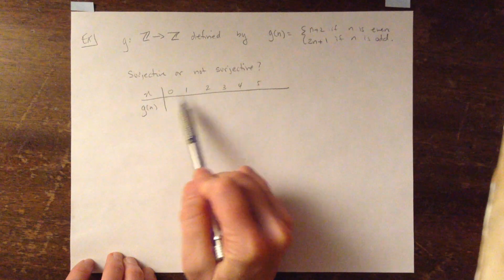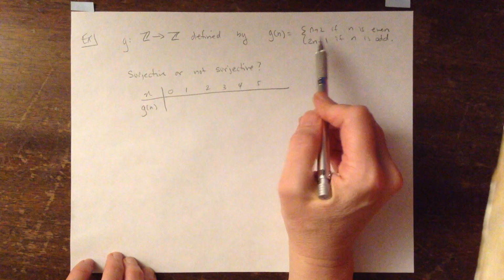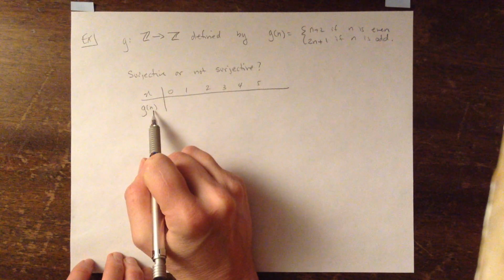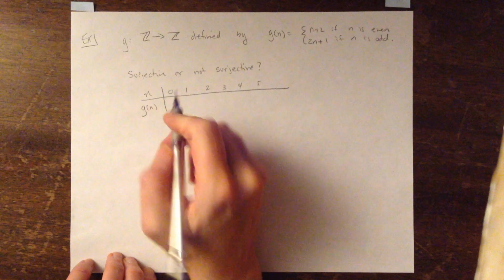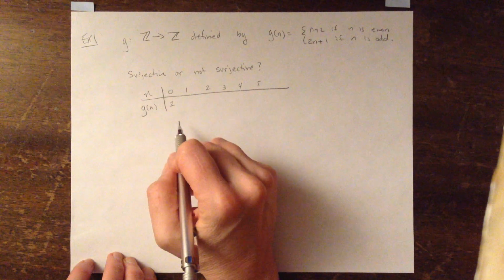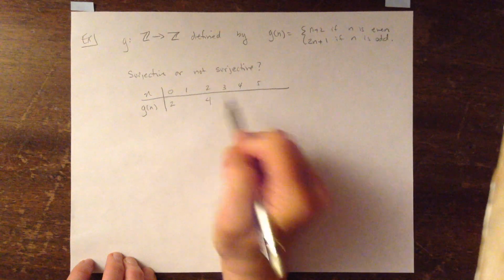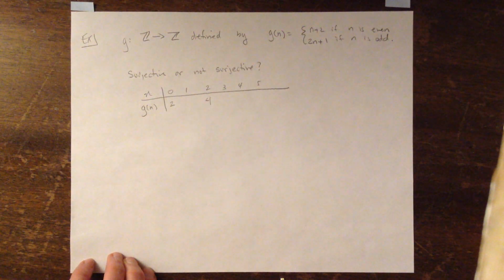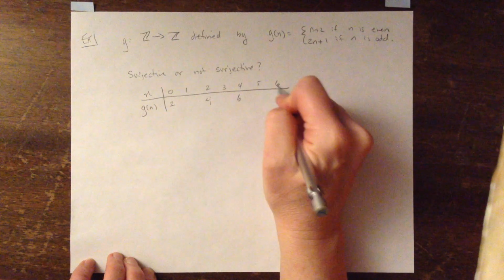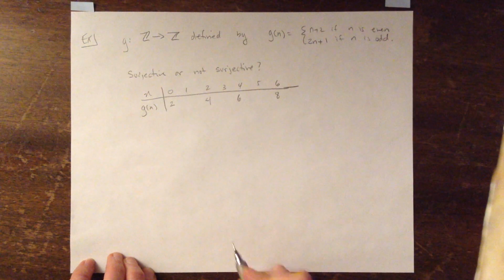So if n is even, 0 is even, 2 is even, 4 is even, what you do is you add 2. So 0 is even, so the function value g of 0 is going to be 0 plus 2 is 2. 2 is even, so you plug in 2 into this function, you're going to get 2 plus 2 is 4. You plug in 4, you're going to get 6. If you were to plug in 6, you'd get 8, and so on.